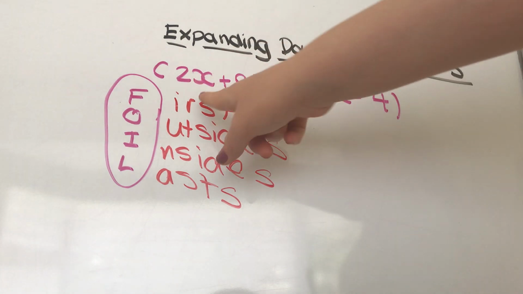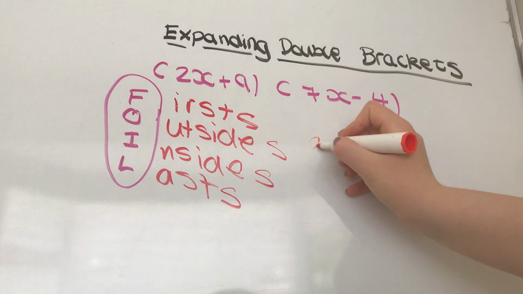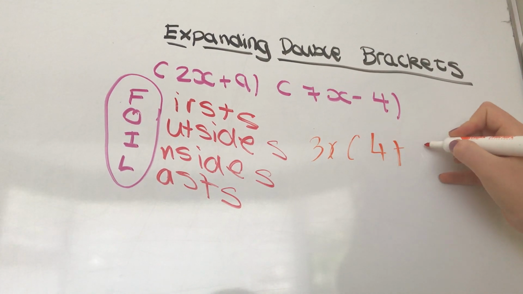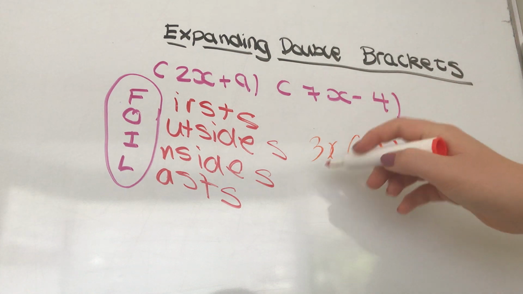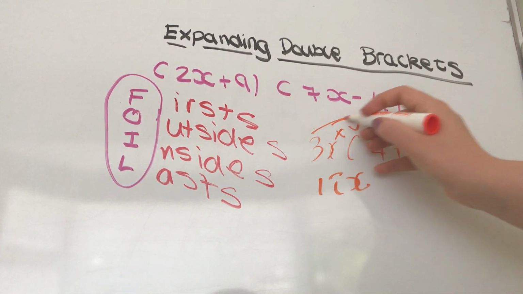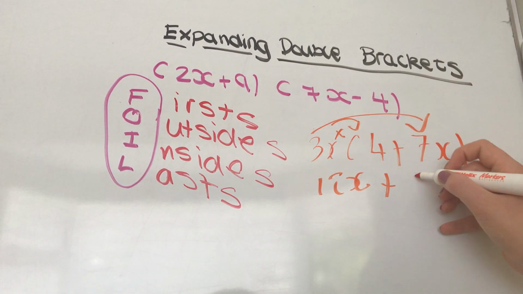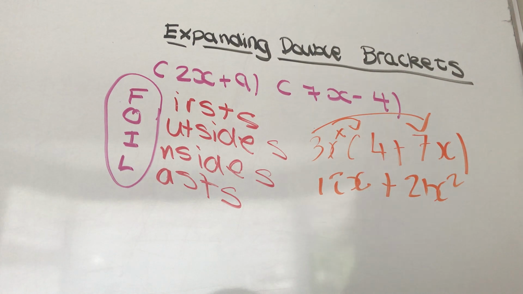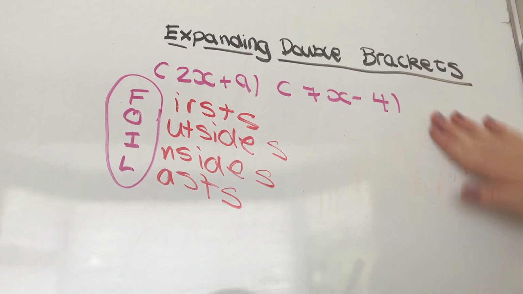So to do our first, I'm going to do 2x multiplied by 7x, because if I had an equation that was maybe 3x, just random numbers here, 4 plus 7x, when I'm trying to eradicate these brackets, I'm going to be multiplying to give me 12x plus, because that plus is going to come down, 3x times 7x is going to give us 21x squared. So what we're saying is, when you're trying to get rid of brackets, you multiply out the brackets. That's the reason for that multiplication operation there.